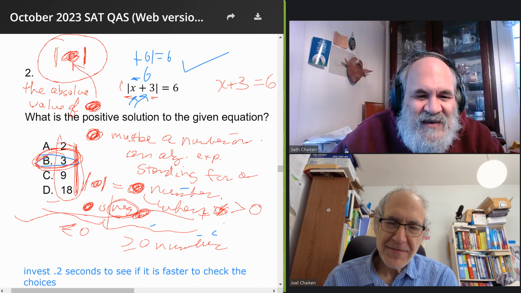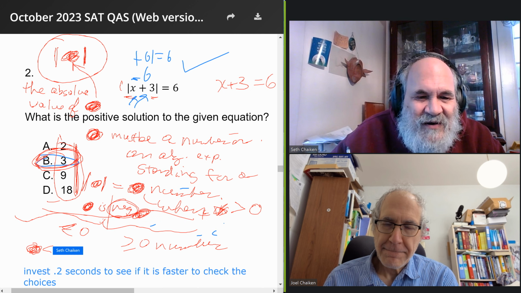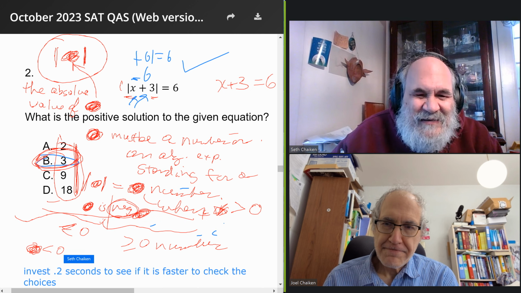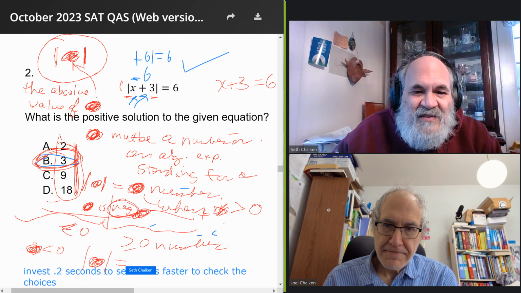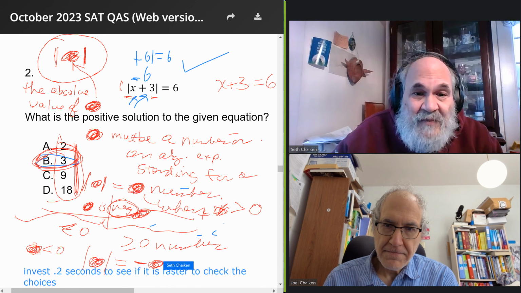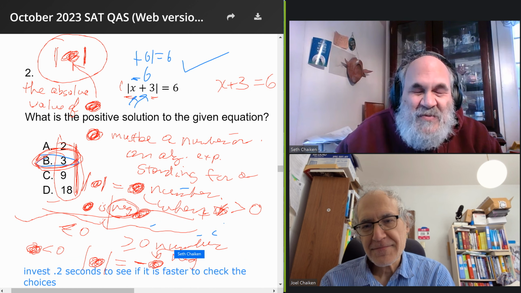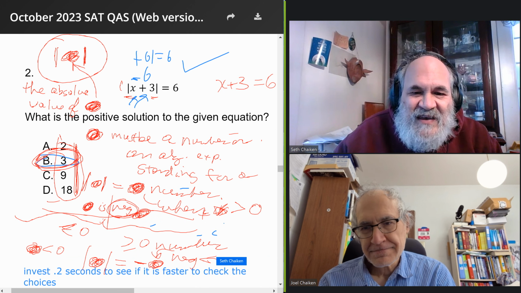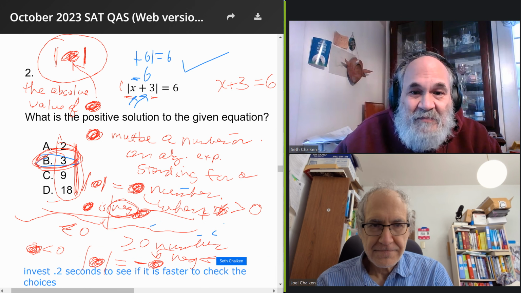That means the thing inside is less than 0, in which case the absolute value of it equals the negation of the negative number, which makes it positive. The negation of a negative number is positive.